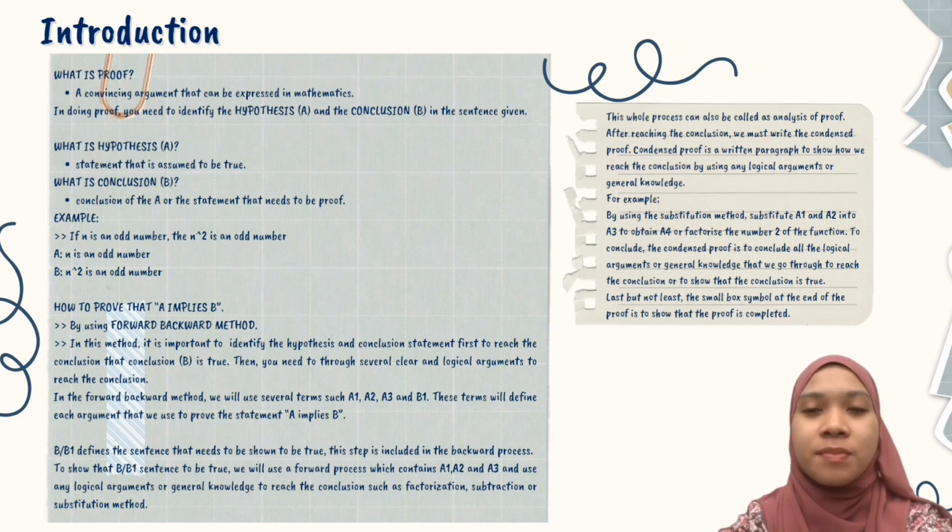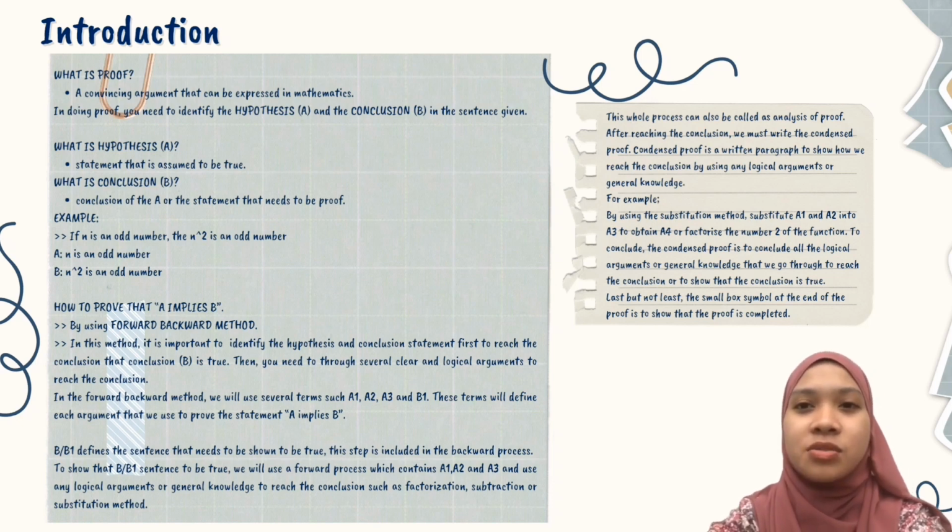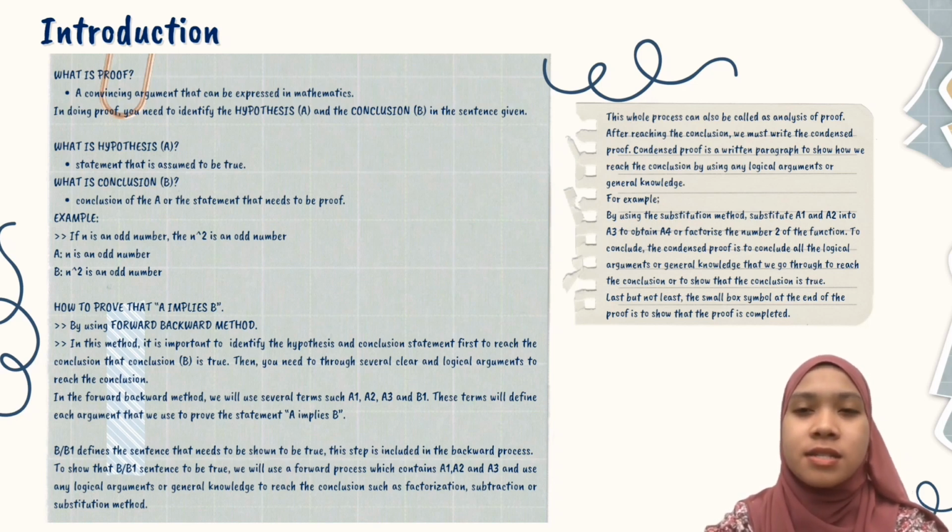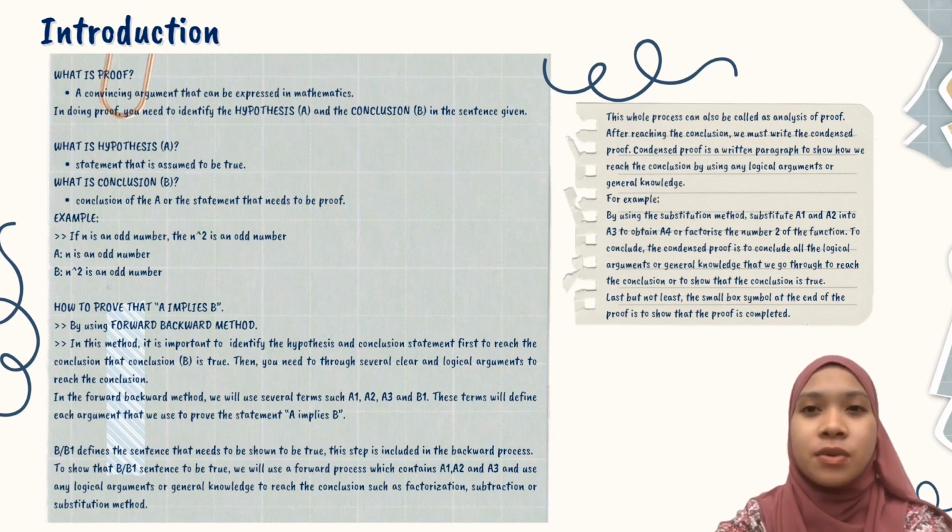So how to prove that A implies B? By using the forward-backward method. In the forward-backward method, it is important to identify the hypothesis and conclusion statement first, to reach the conclusion that the conclusion is true. Then, you need to throw several clear and logical arguments to reach the conclusion. In the forward-backward method, we will use several terms such as A1, A2, A3 and B1. These terms will define each argument that we use to prove the statement A implies B. B or B1 defines the sentence that needs to be shown to be true.